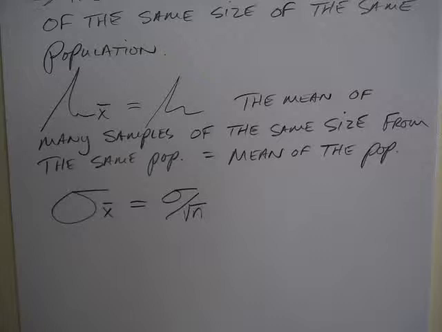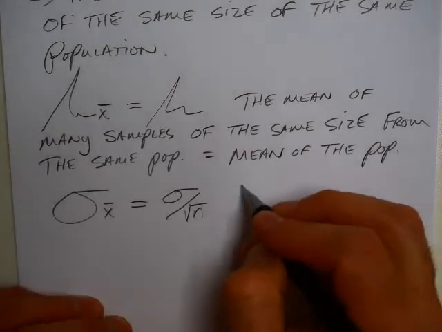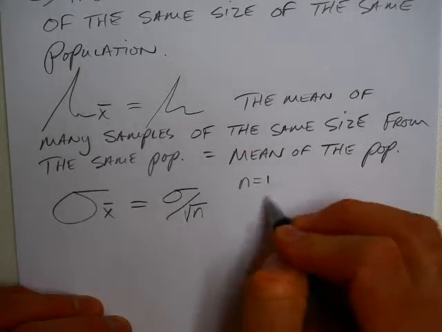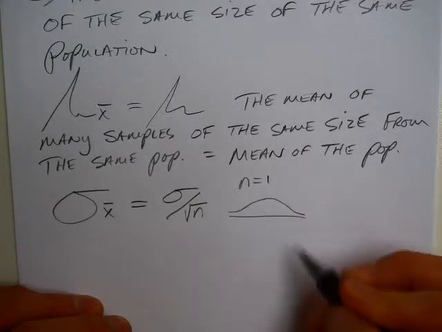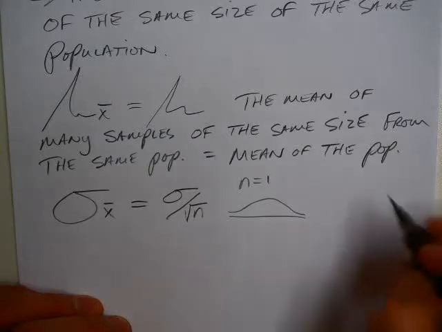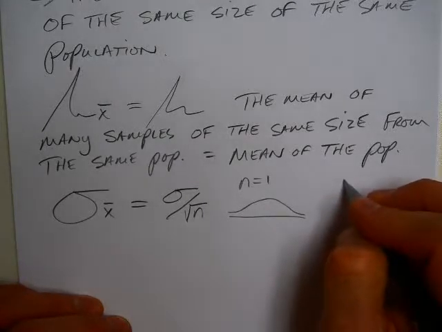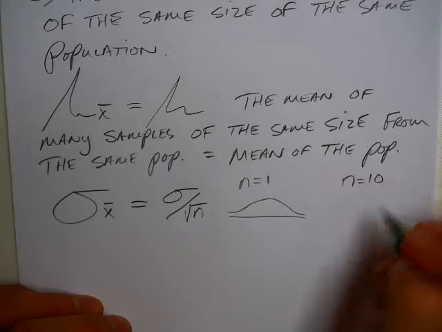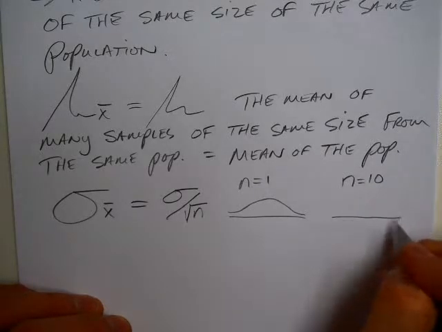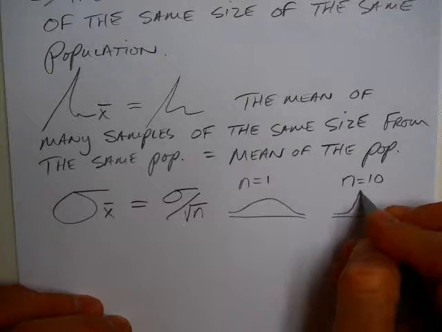It gets taller, and because it gets taller, it has to get narrower, right? Because it still has to have an area of 1. So if I had something like n equals 1 and a normal situation, that's maybe going to look like this. But if I change that to n greater than 1, let's say n is 10, that's going to change that. It's going to narrow it up and make it taller.